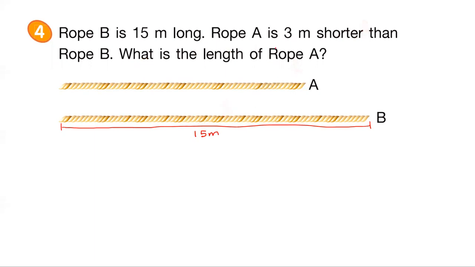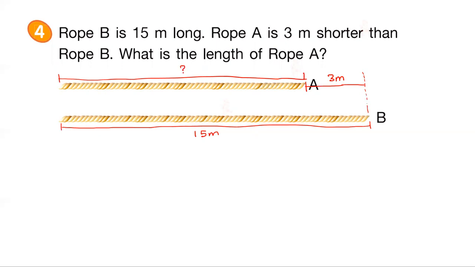And rope A is 3 meters shorter than rope B, like from here up to here. We have 3 meters there. So what about from here up to here?